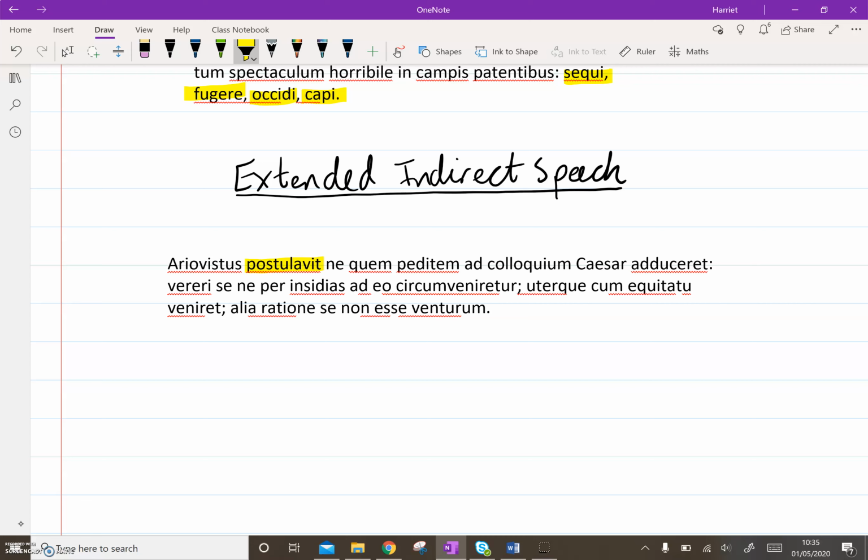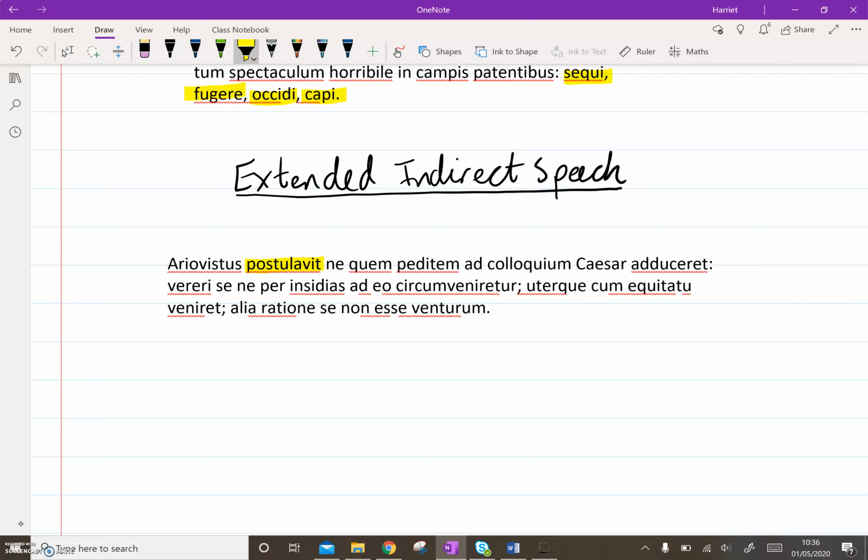And the reason for this is the Latin has now taken the original verb, postulavit, and it's already put in an indirect command, but now it's following it with an indirect statement with an infinitive, vereri. So in English, we're going to have to put in something like, he said that. Or you could, if it makes sense, put in, and that, blah, blah, blah, with your indirect statement.